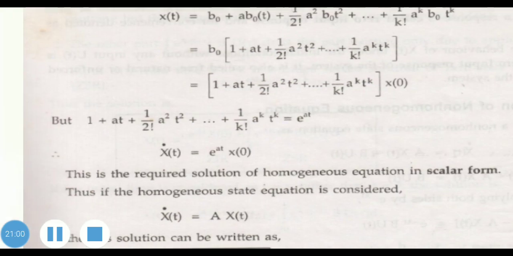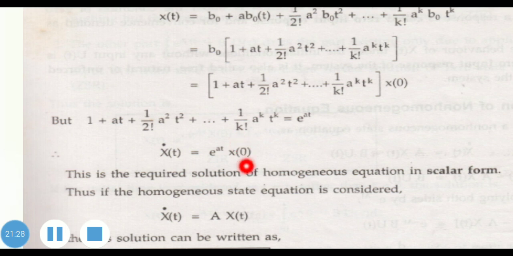But 1 plus at plus 1 by 2 factorial a square t square plus 1 by k factorial a raised to k t raised to k is equal to e raised to at. So x of t is equal to e raised to at x of 0. This is the required solution of the homogeneous equation in scalar form.